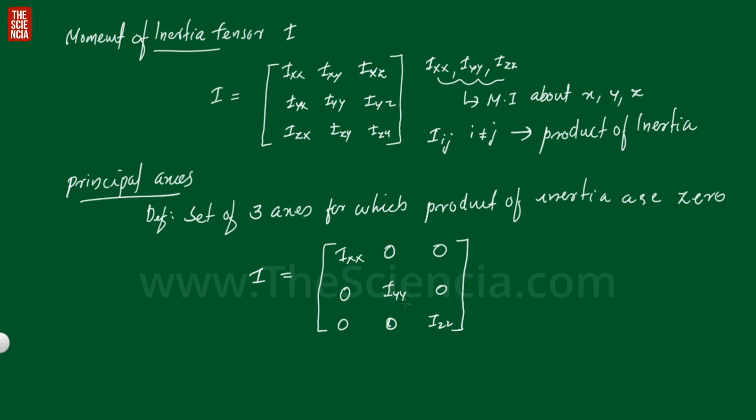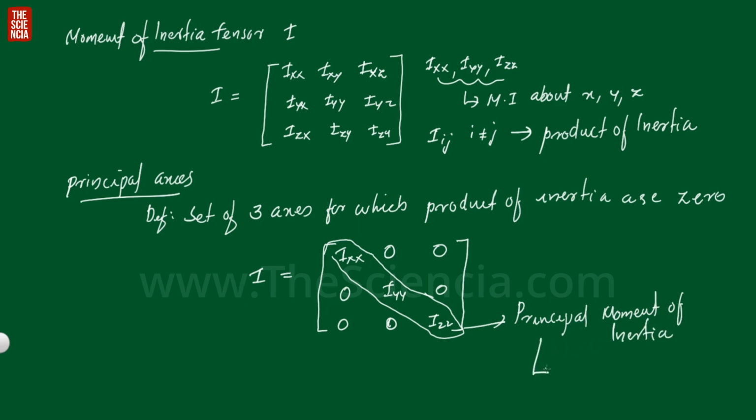So if there are only diagonal elements, right, and all other terms are 0, then these are called the principal moments of inertia. The principal moments of inertia are nothing but the eigenvalues of this matrix or this tensor.